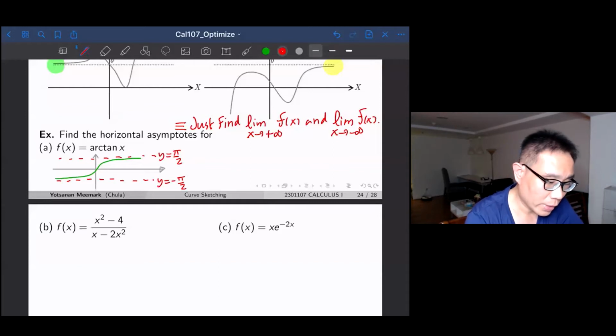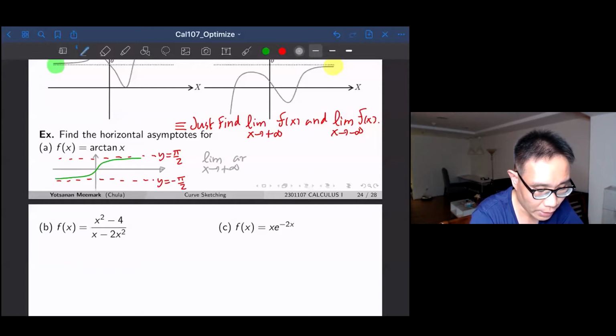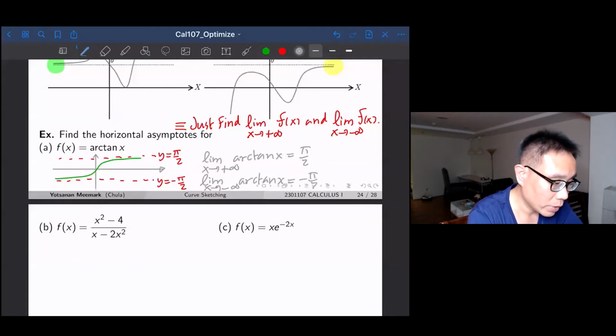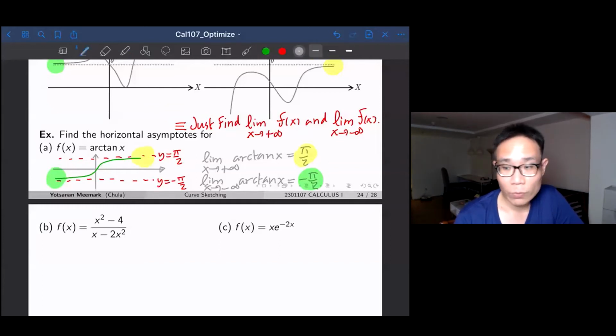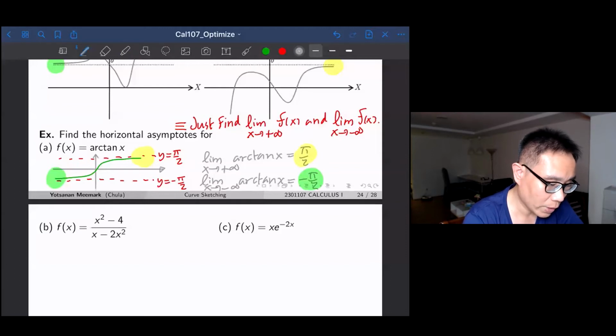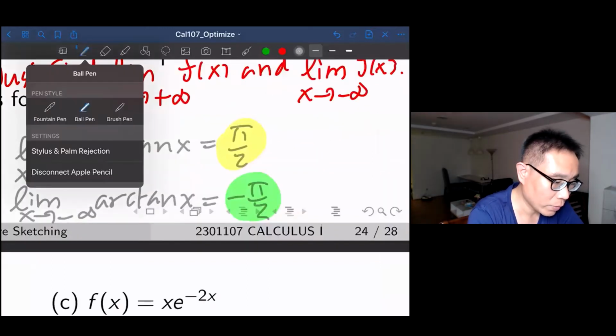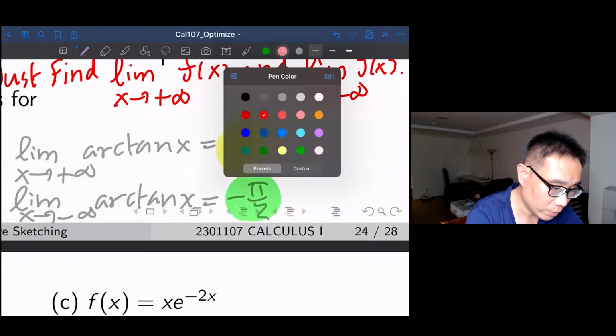So you have the limit as x goes to positive infinity of arctan x equal to pi over 2, and the limit as x goes to negative infinity of arctan x equal to negative pi over 2. So you have two directions in this case, and you say that y equal to pi over 2 and y equal to negative pi over 2 are horizontal asymptotes.